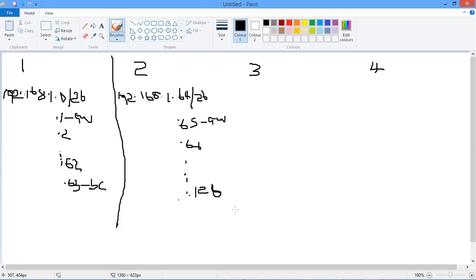So network 3 would now start from 192.168.1.128. Of course, I'm still using the same subnet ID.